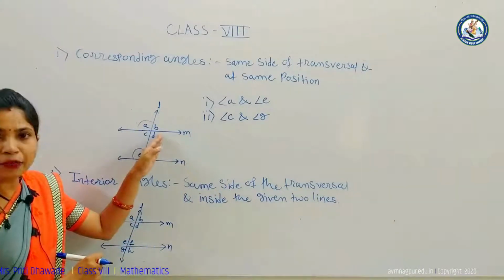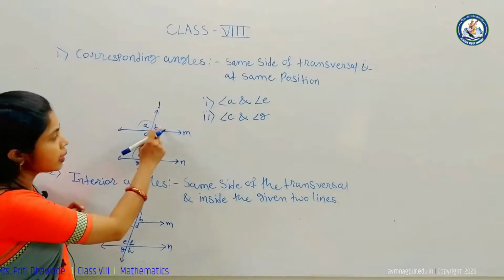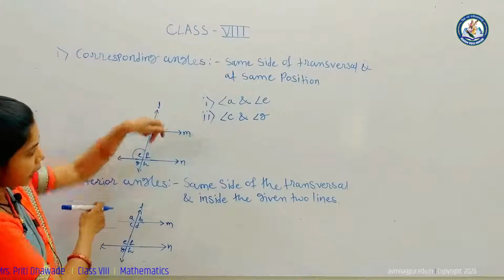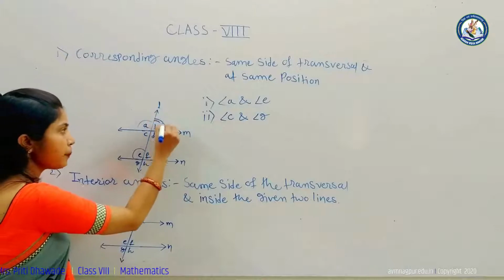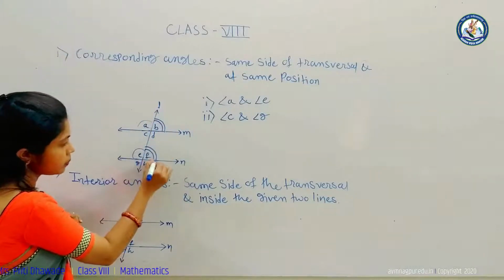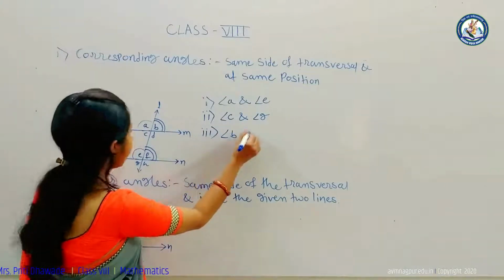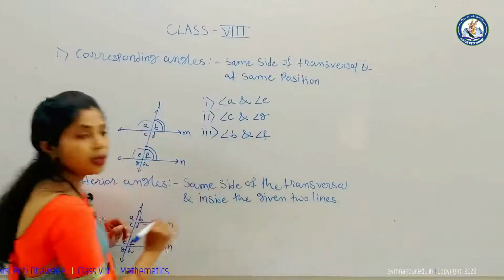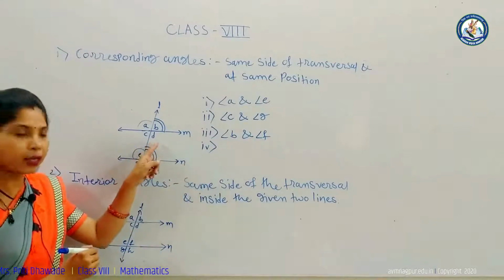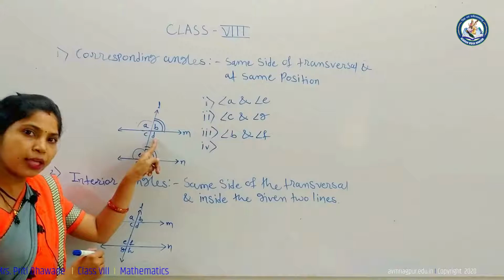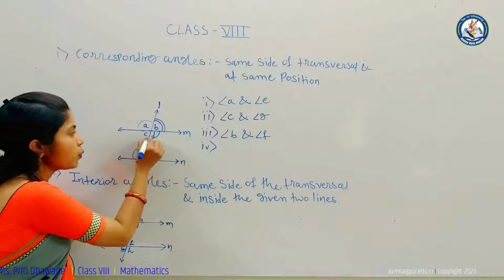Now on the right hand side of the transversal, again we get two more pairs of corresponding angles. Angle B is present above line M and angle F is present above line N. So this is the third pair of corresponding angles, angle B and angle F. In the same way, the fourth pair of corresponding angles: from the figure, angle D is present below line M and angle H is present below line N, that is at the same position.